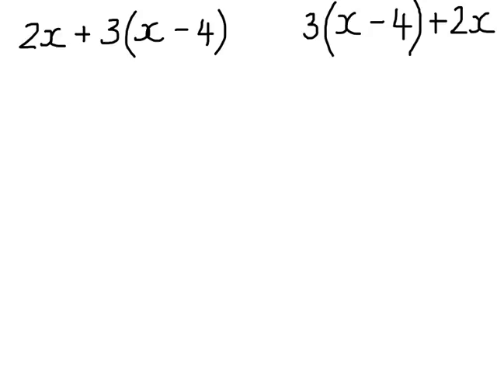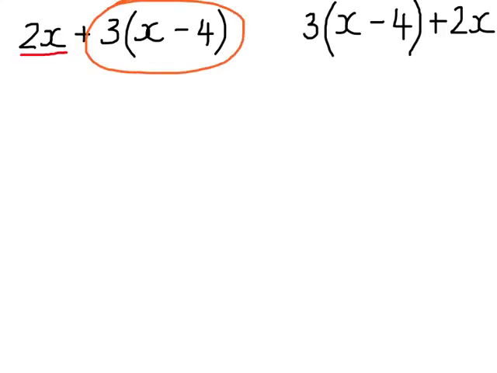Now in some steps we have more terms than usual. So in this example, I've actually got two examples here, but they're actually exactly the same. In the first one, we've got a 2x out the front. Now, that has nothing to do with this part.